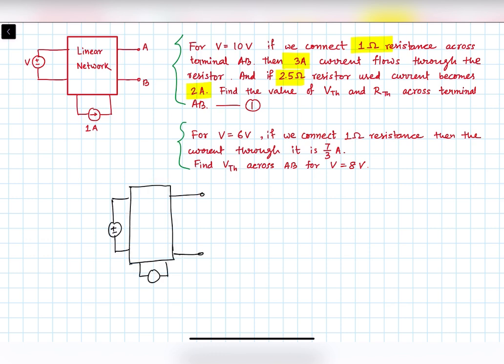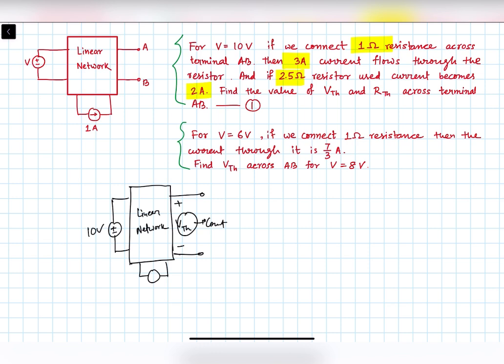So whatever linear network we have here will give us some voltage, that will be VTH, because whatever we connect at this AB terminal is not going to affect the linear network. If we don't connect anything in the load, this voltage VTH is going to be constant.